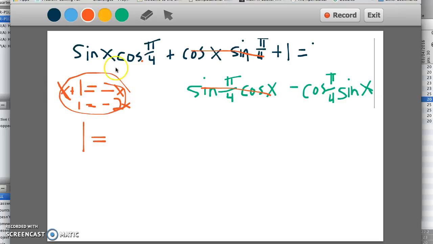But it's not x, it's sine x cos pi over 4, so we get 1 equals negative 2 cosine pi over 4 sine x.